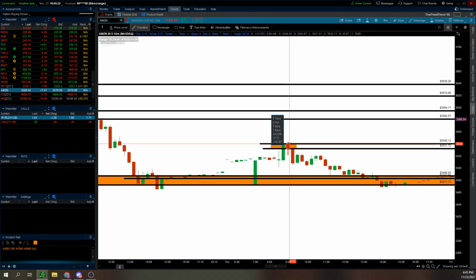But it's just the small risk for the big reward is all I'm saying. It's amazing being able to risk only $8 on Amazon when it has the potential to drop $100. So that's not financial advice, but you can definitely flip your account really fast if you trade Amazon with this setup here.